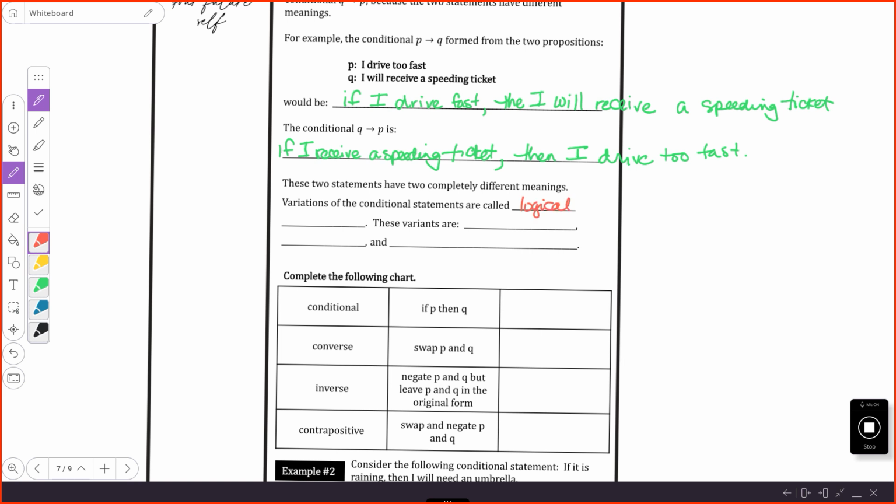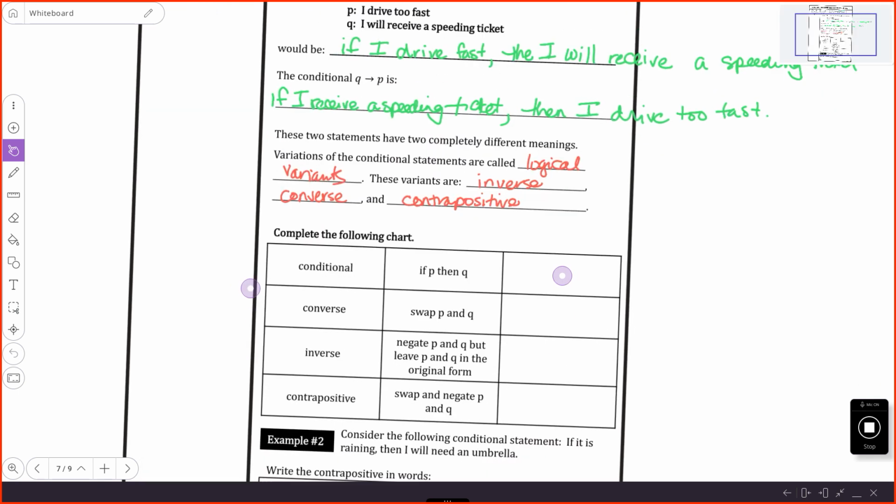They're called logical variants. And the variants we're studying are the inverse, the converse, and the contrapositive. So let's look at contrapositive. It does look like an E, sorry.